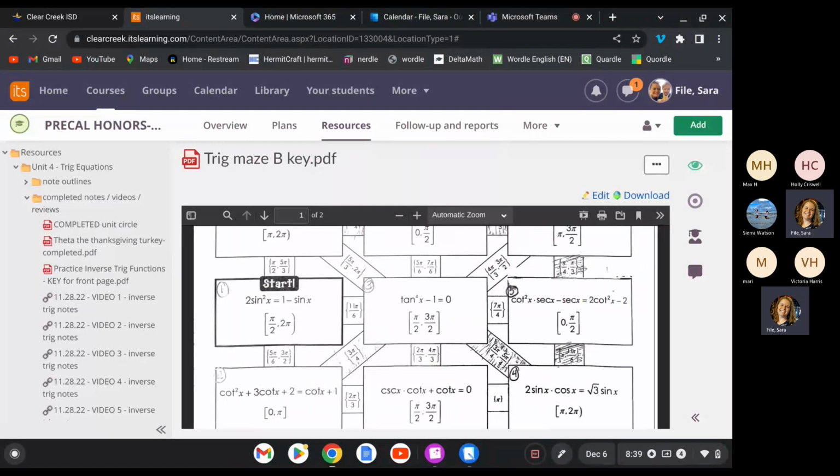You have to really know your unit circle well to be able to answer these, because once you get these factored to solve them, you have to know your unit circle.